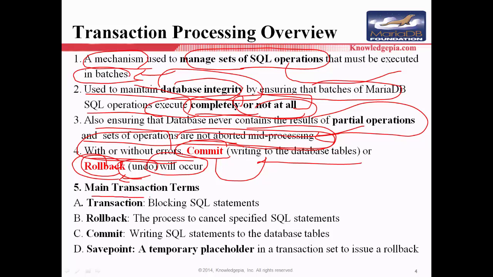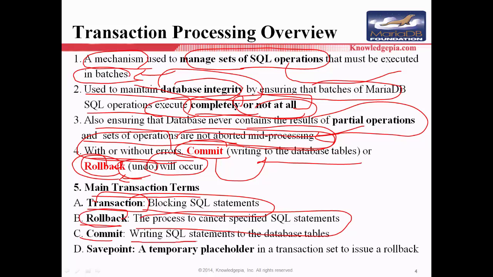Number 5, main transaction terms. What is the meaning of a transaction? A transaction means a block of SQL statements. Rollback is the process to cancel specified SQL statements according to the situation, especially with errors. Commit means writing SQL statements to the database table.